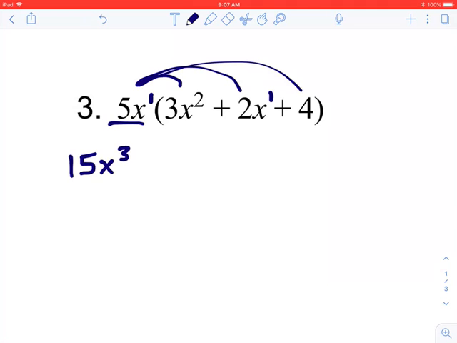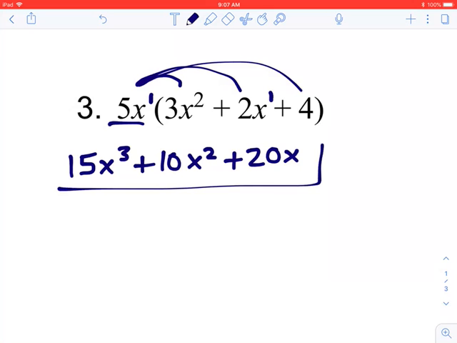Okay, and then we go to the next one. 5 times 2 is 10, x to the second, because 1 plus 1. Okay, and then the last one, 5 times 4 is 20, and we didn't have anything to add to the x, so it just stays as x to the first. And that's it. Again, no like terms, so we're done.